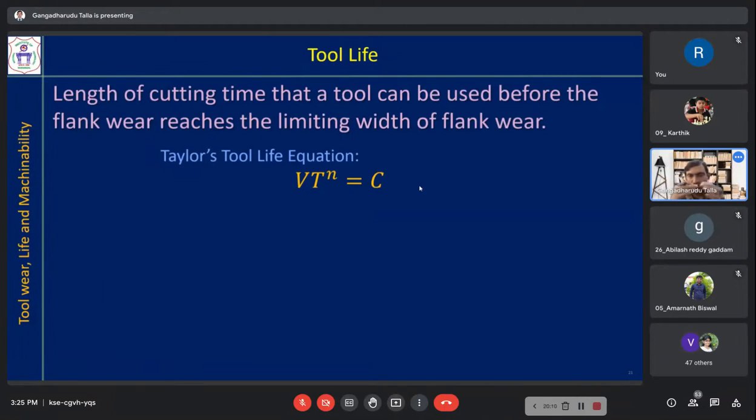T is tool life, and n and C are constants. They were experimentally determined for various tool material and workpiece combinations, and a data book is available. So here you can understand from this equation, tool life depends on what?